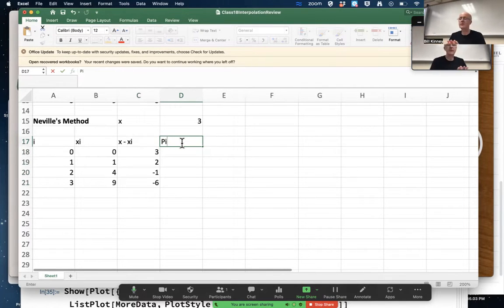This is going to be the 0th degree column, using 0 degree polynomials, constant functions, to approximate the underlying function at the nodes individually. It's going to be 4 of them. So you really just use the function values, or the numbers that go in there. The 3, the 0, 1, 4, and 9.